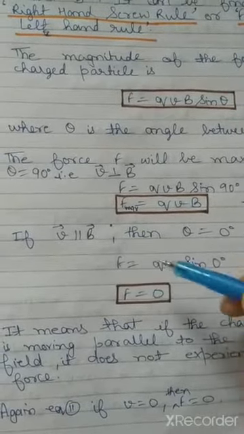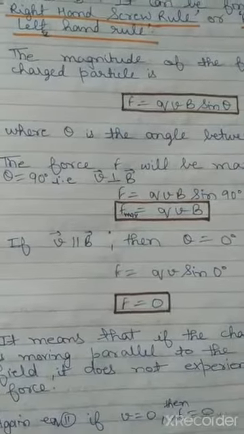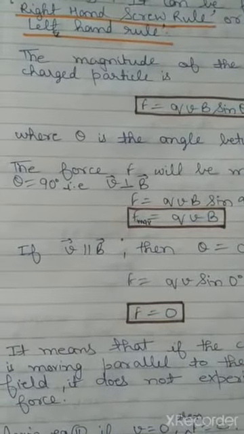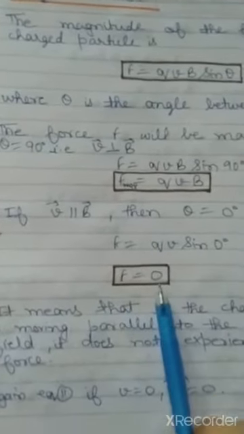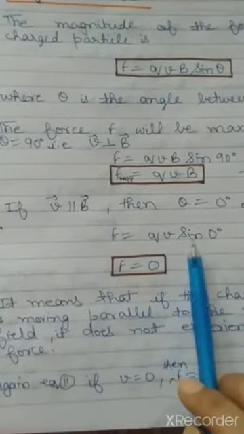That means the charge will not experience any force when V is parallel to B. When the charge is moving in the direction of the magnetic field or in the opposite direction of the magnetic field, no force will be experienced by this charged particle. So we can conclude that F will be 0 in this case, because QV sin 0 is 0.